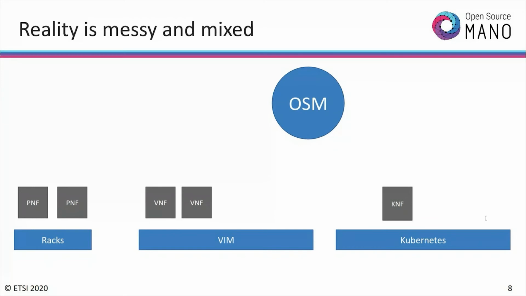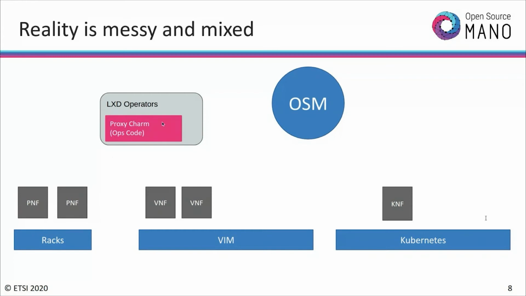So with all of this, we have orchestration code, operational code that needs to run. And that operational code will need a place to live. So some of these, like for example, the physical network functions, we're not putting operational code in there. We're going to need to have it hosted remotely through what's called a proxy charm. That's our operational code, and we're carving out a space for it to execute within the OSM environment.